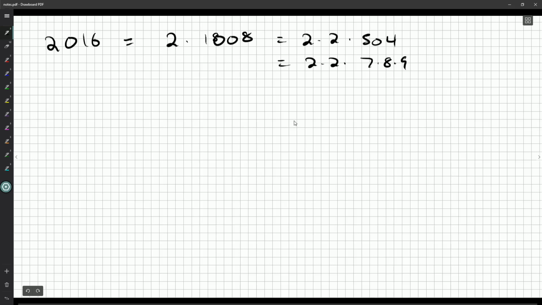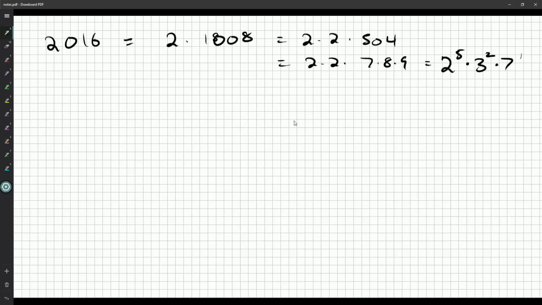You could factor this a little easier if you had a calculator. So that's 2 to the power of 5 times 3 squared times 7, I guess to the power 1 if you want to. Now that's going to be a lot of factors of 2016. I suppose I could try them all.